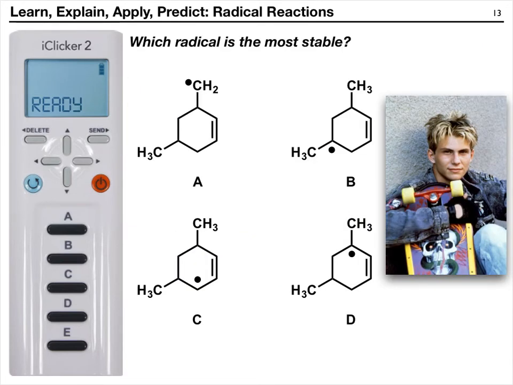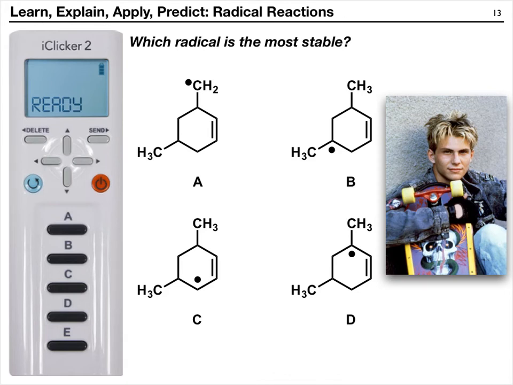So which radical is the most stable? So we're seeing some D as in dog.